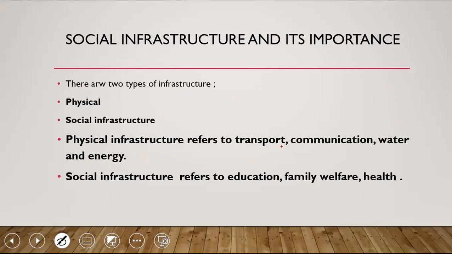There are two types of infrastructure. First one is physical infrastructure, second one is social infrastructure. Physical infrastructure means what? Transport, communication, water and energy. Social infrastructure means it is dealing with education, family welfare and health. Remember, basically you tell me why the infrastructure is so important.